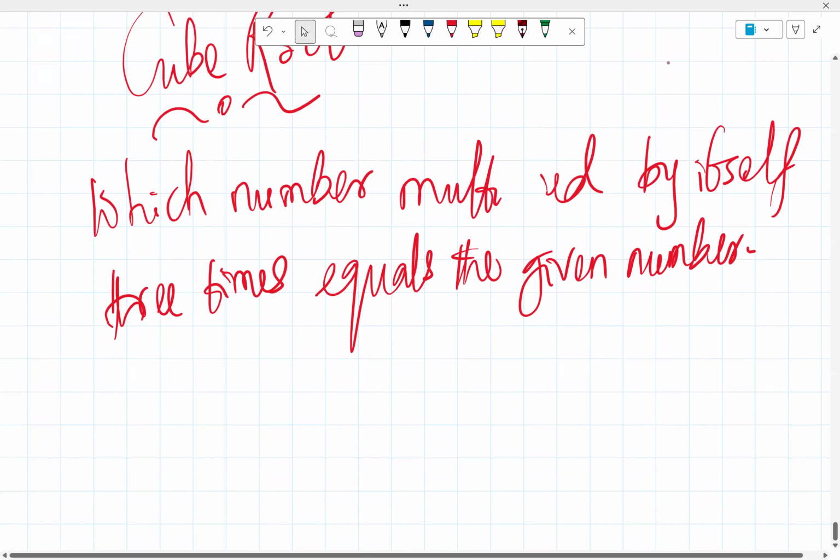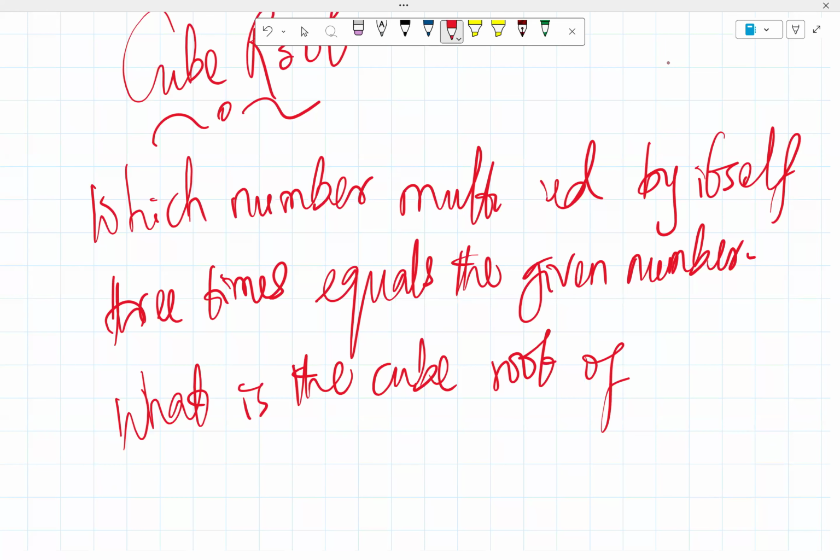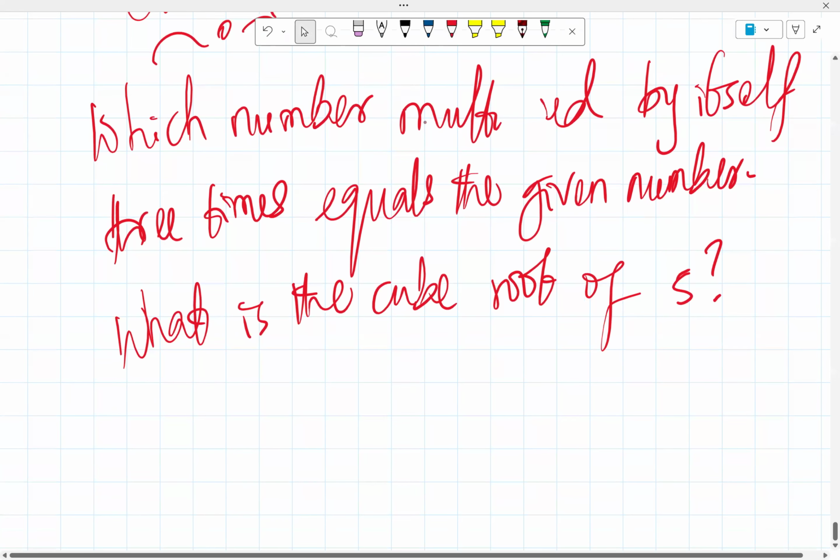For instance, what is the cube root of 5? So now try to answer the question.